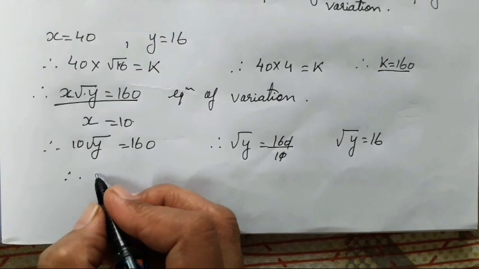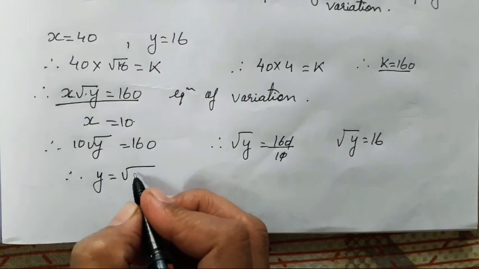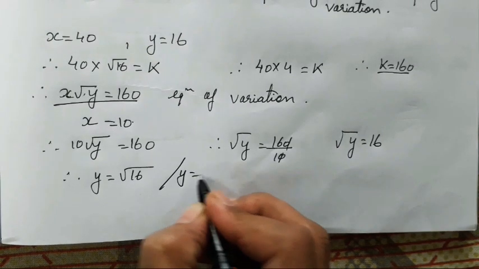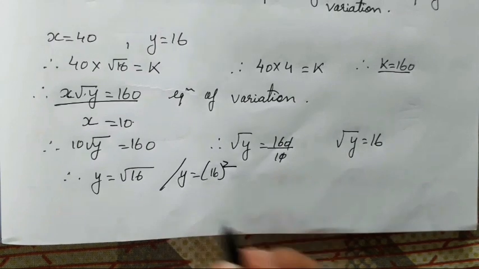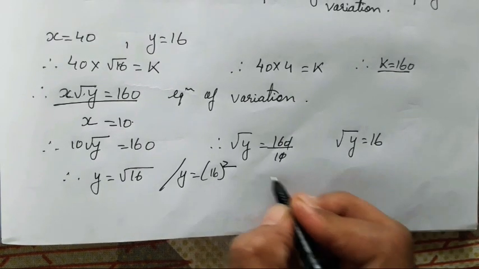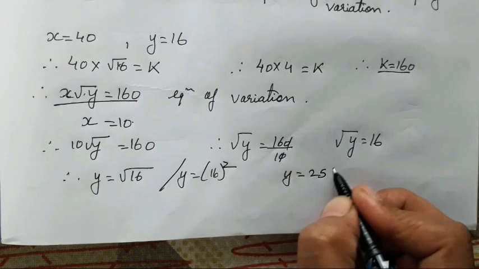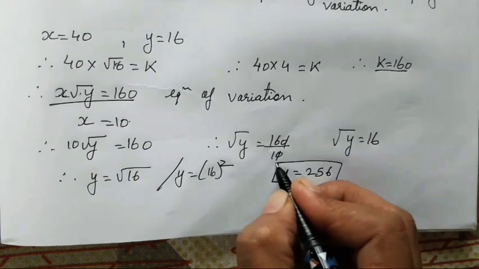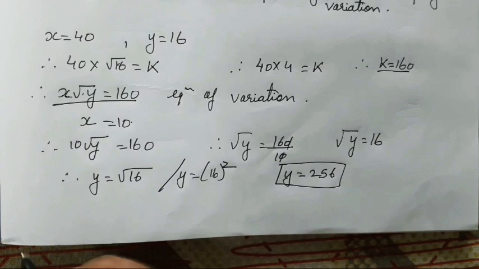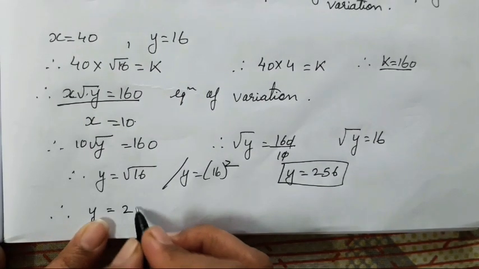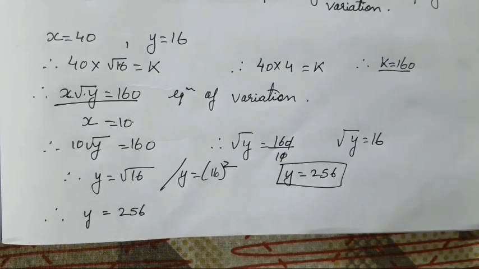So this is going to be y is equal to root of 16 or 16 square. You all can write y is 16 square. Squaring from both the sides you are going to get y. If we take its square, it will be 256. Okay, so now we got y also. y is equal to 256.